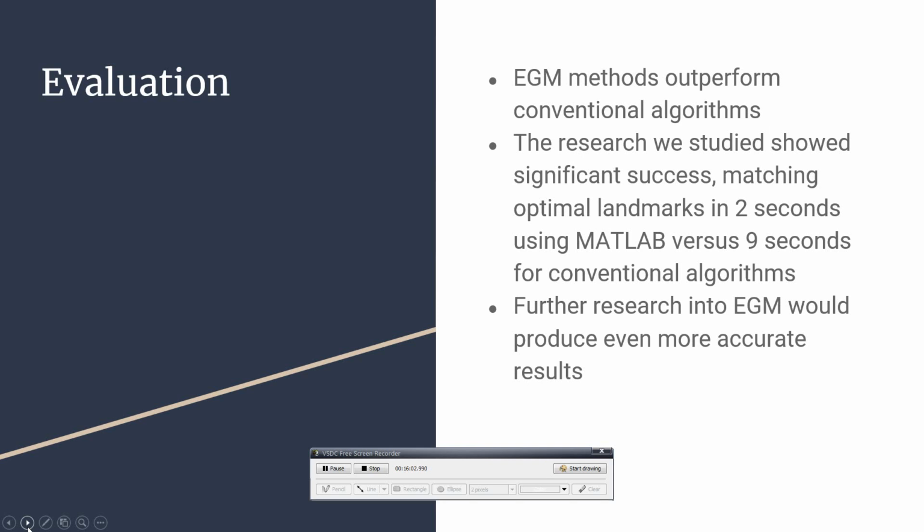Now we'll go into evaluating the research that we've done from the project and evaluating the study that we did. Evaluating the study of face alignment that we researched, the exemplar graph-based methods have shown to be significantly better than other conventional algorithms.